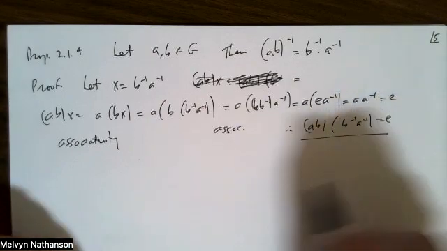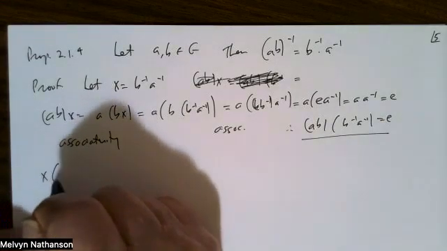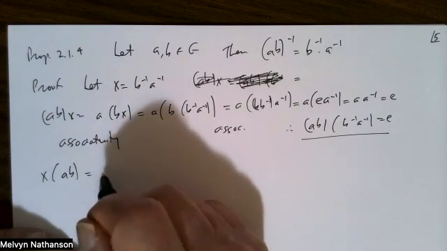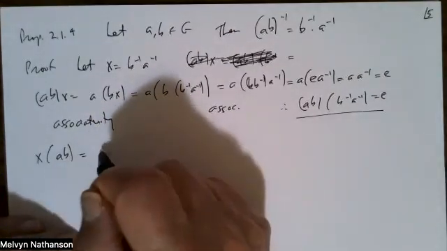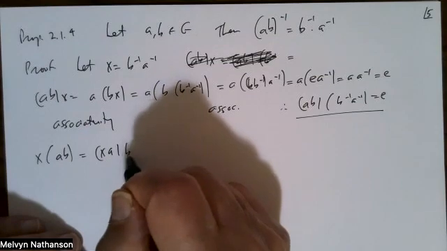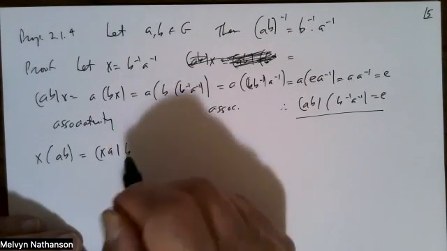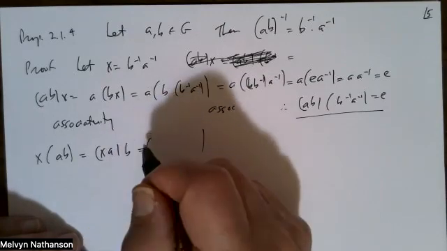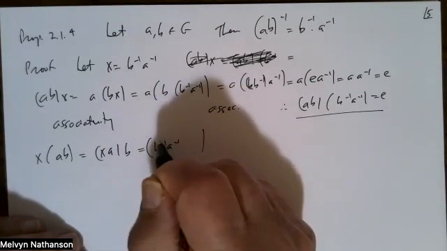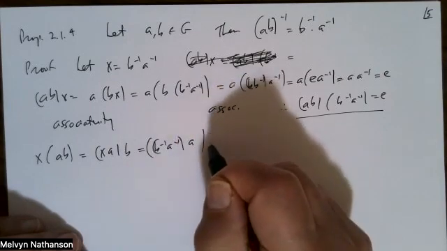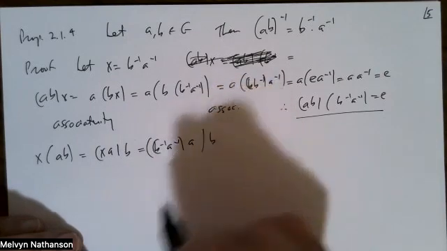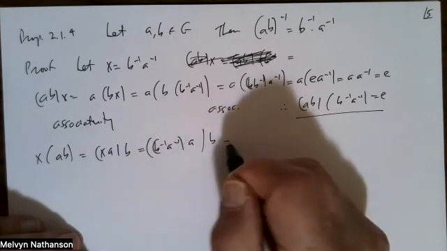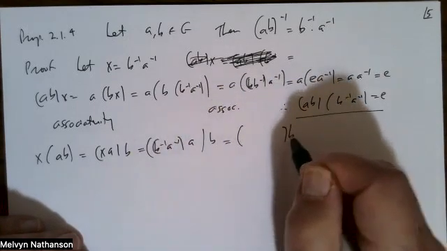What if I multiply in the opposite order? X times AB. Again, by associativity, this is XA times B. What is X? X is B inverse A inverse, times A, times B. Inside the big parentheses, I use associativity again.